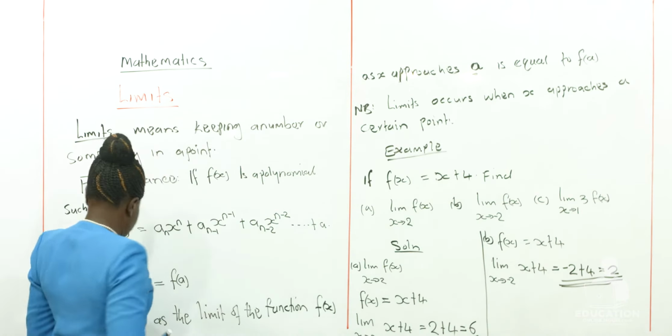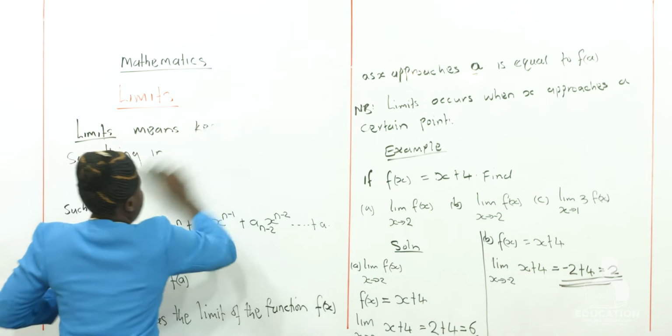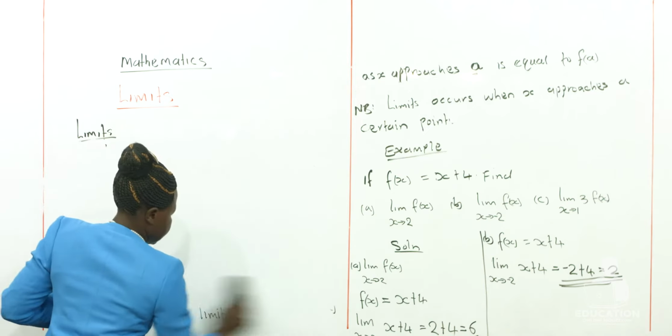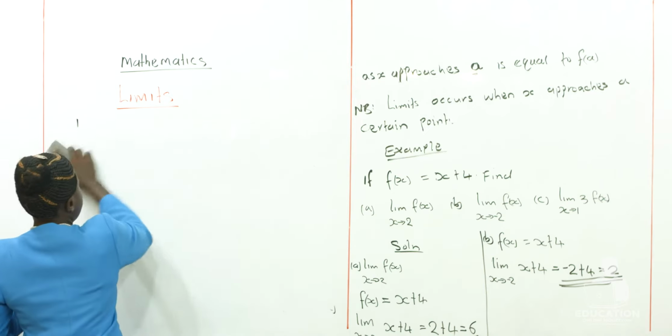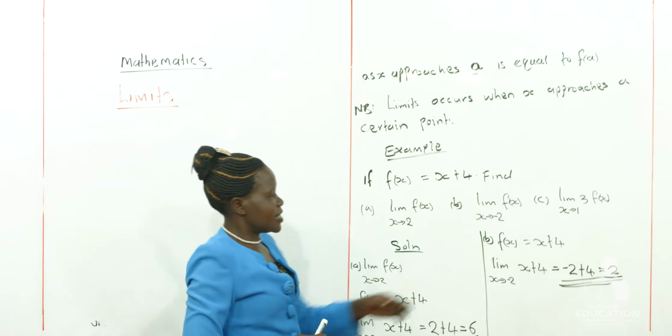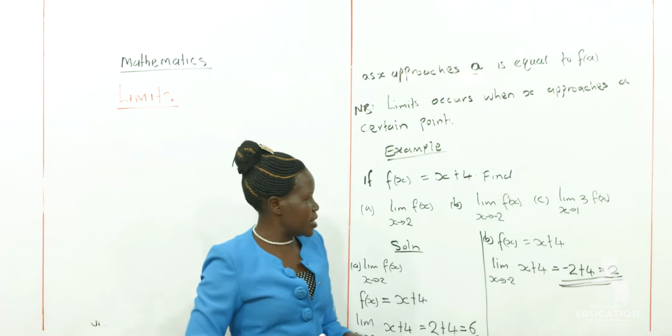And then we come to part C. So part C, it says lim 3 f(x).